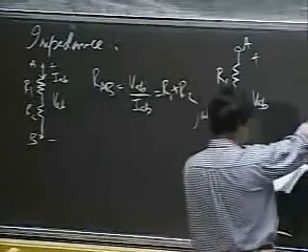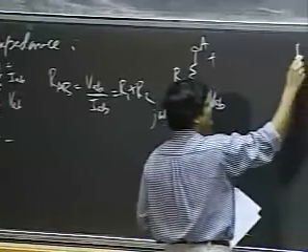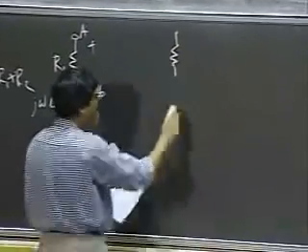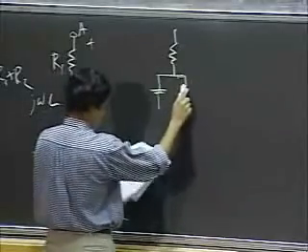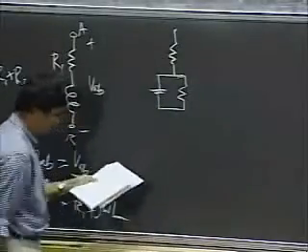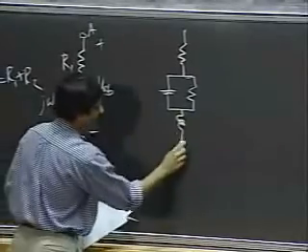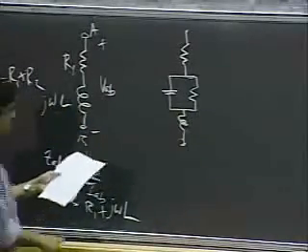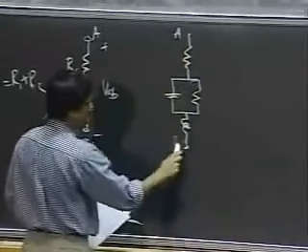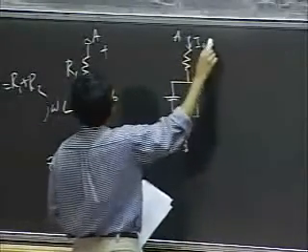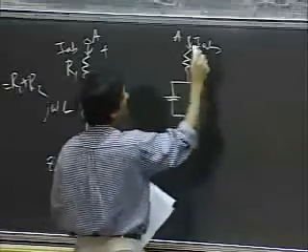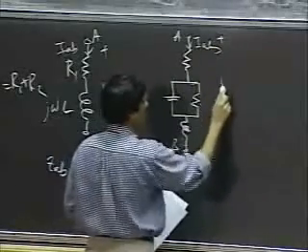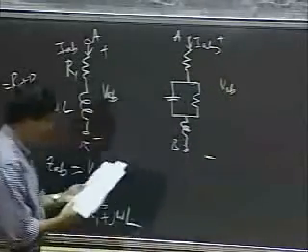Similarly, I can do an even more complicated circuit. So a resistance, and here I have a capacitor in parallel with a resistance, and then I add an inductor to it. So this is A, B, IAB, and plus minus VAB.